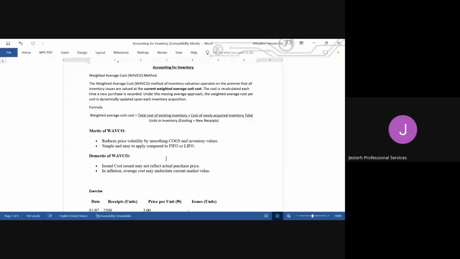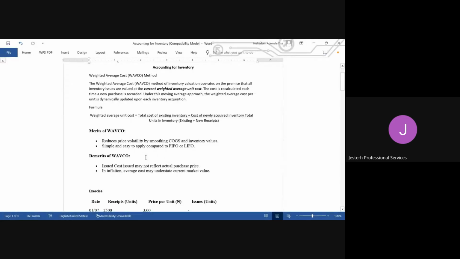Then we divide it by the total units of inventories that we have in the store, both the old and the new one that we just purchased. Once we are able to do this, it gives us the current average unit cost which we will use to issue our inventories.